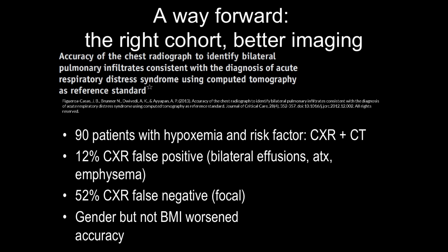Not surprising, but probably more problematic is the half of patients whose chest x-rays were read as negative, but when they were CT'd actually did have bilateral infiltrates. And the radiologic phenotype they had won't surprise you either.